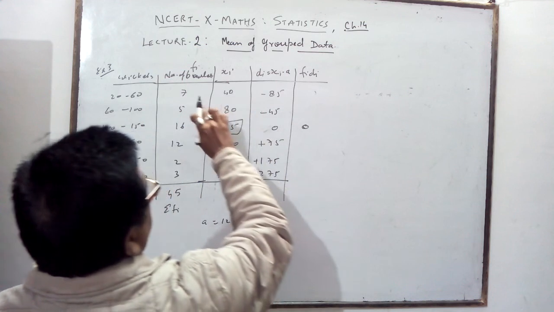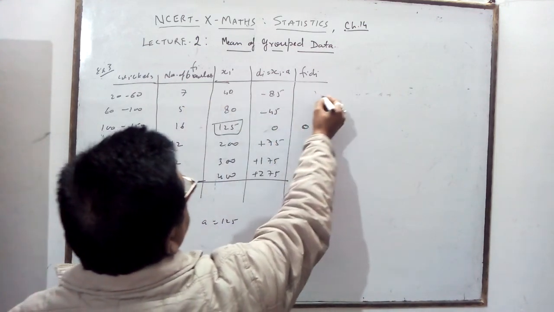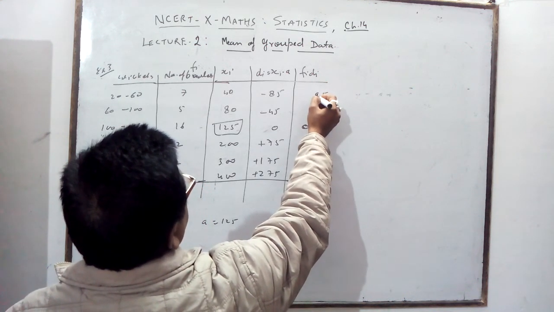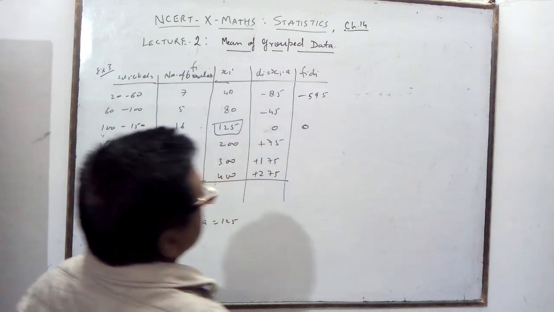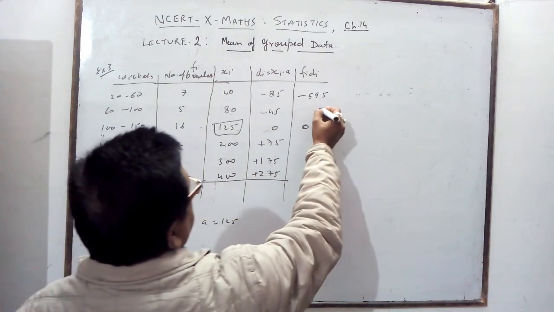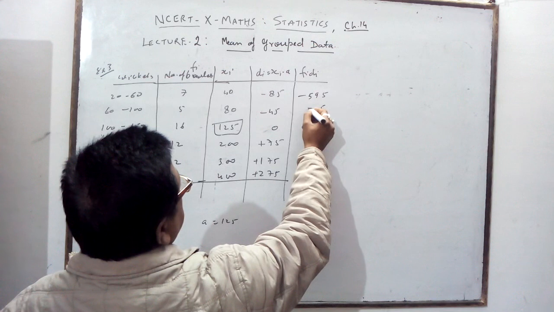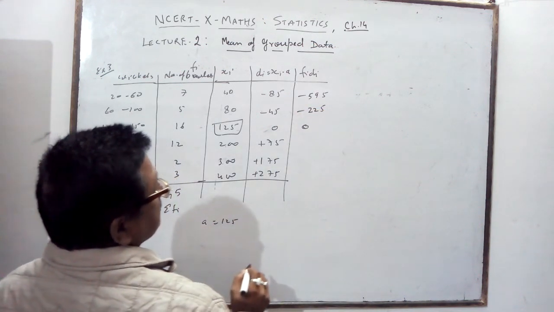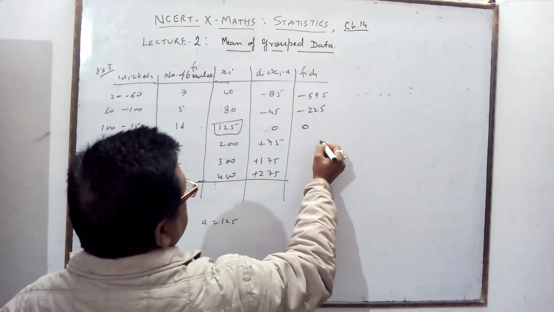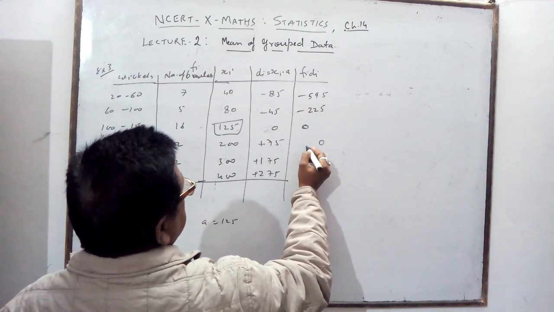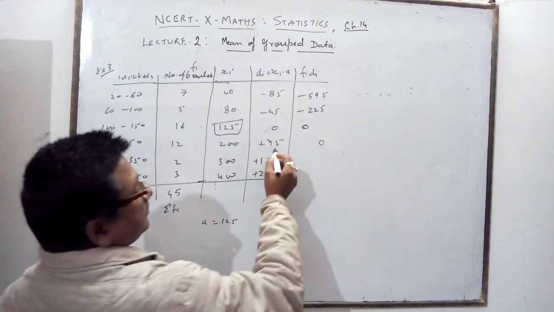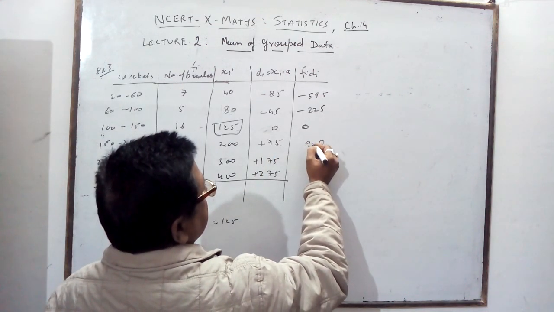Now you will find the f_i d_i. 7 5s are 35, 7 8s are 56, 5 5s are 25, 5 4s are 20, 12 5s are 60, 84, 84 plus 6, 900.